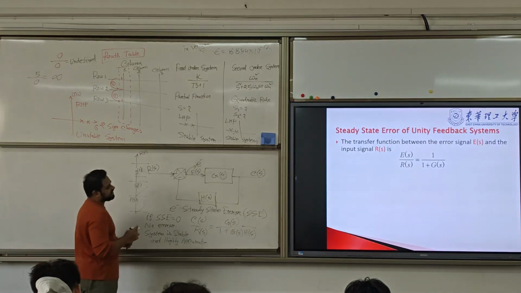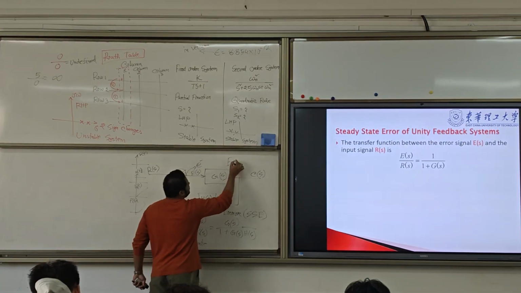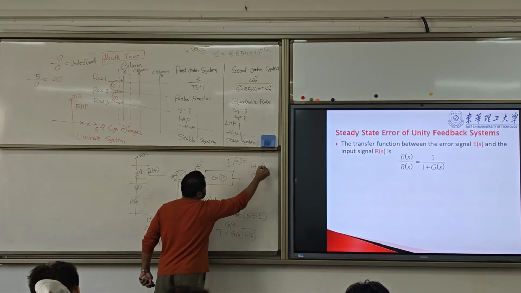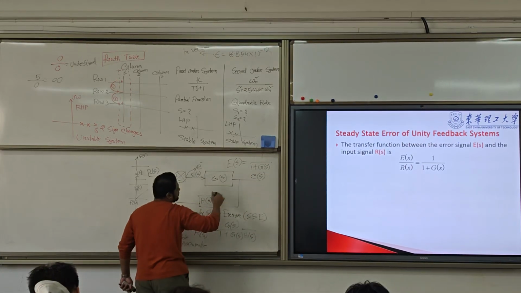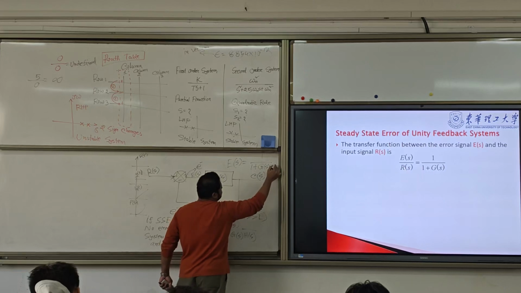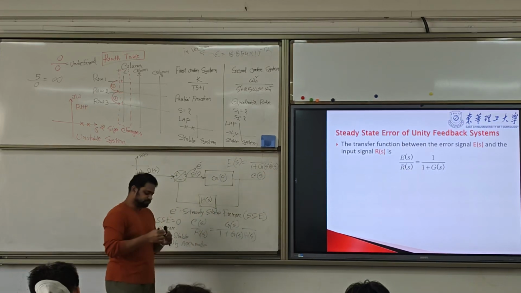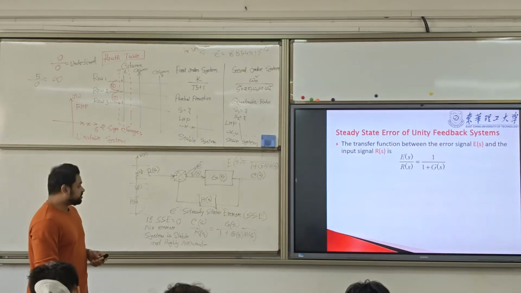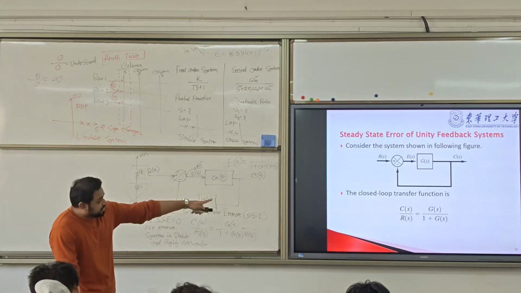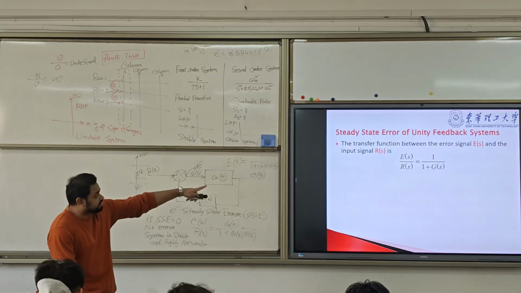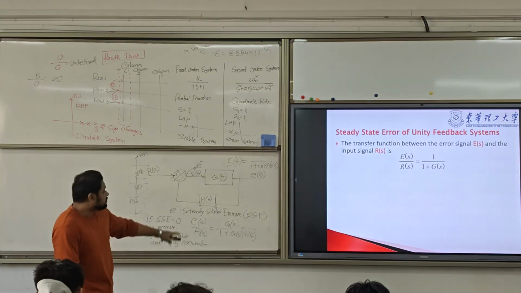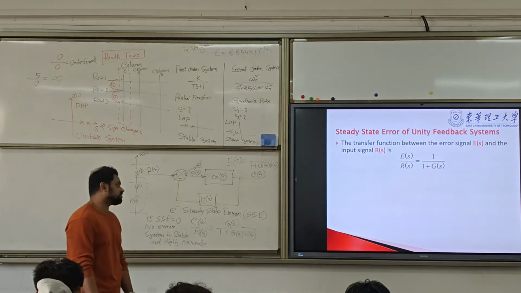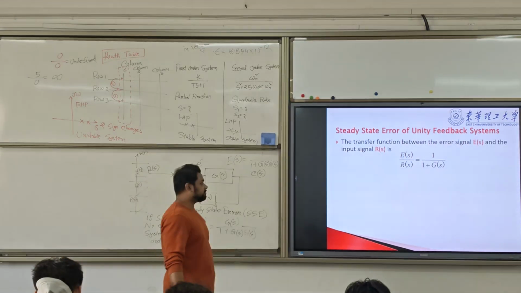We can find E(s) by using 1 by 1 plus G(s)H(s). In this example H(s) equals 1, so we just write 1 by 1 plus G(s). If H(s) has a value, you write 1 plus G(s)H(s).